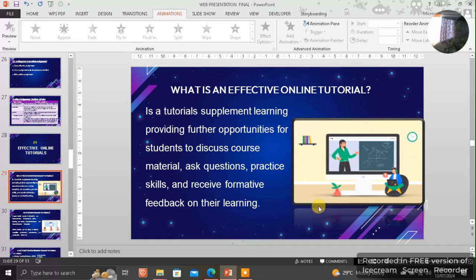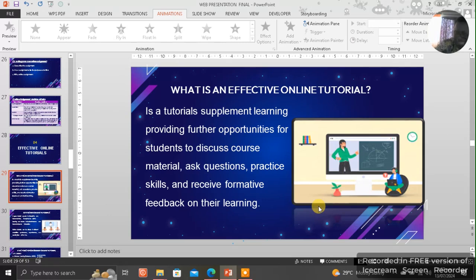So when we talk about effect, the underlying word is effective, because it's not all online tutorials that are effective. If you want the online tutorial to be effective, it is a supplement.